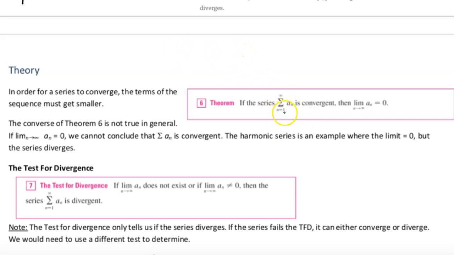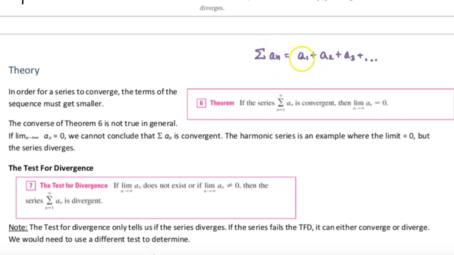So this series is going to be the sum of these a sub n values. So this is going to look like a1 plus a2 plus a3 and so forth onto infinity, because this is an infinite series.